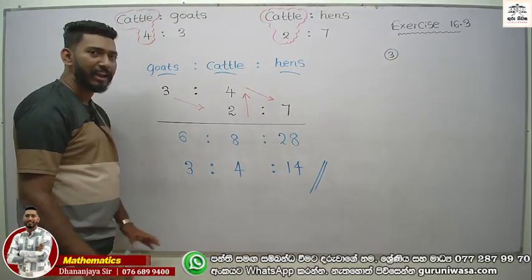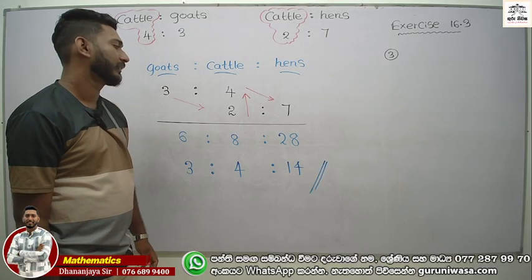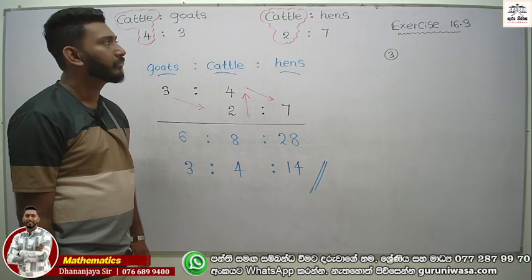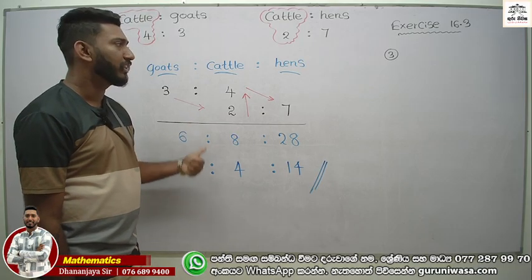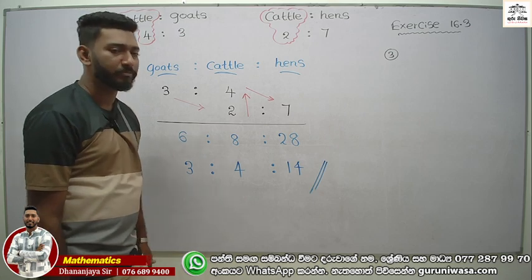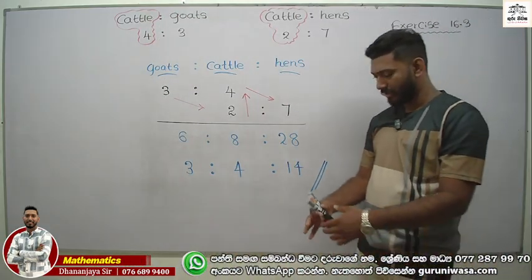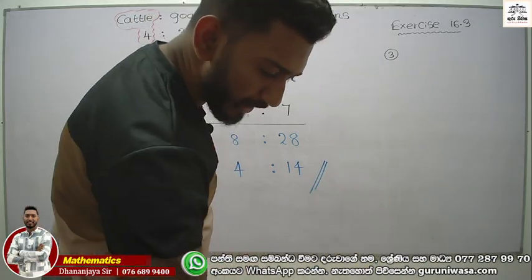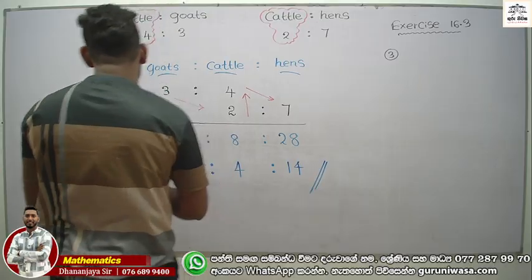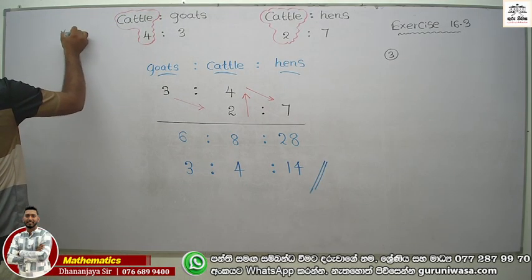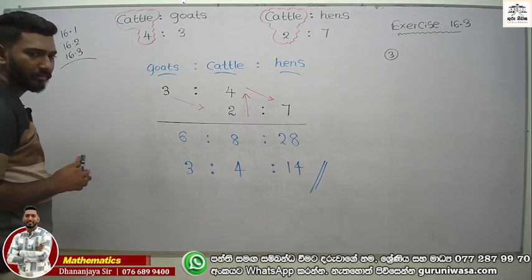The 105 is the total animals. As homework, do this and keep it ready, I will discuss it at the start of next week's class. So everyone must do it. Now, write the homework. Let's write the homework set: 16.1, 16.2 and 16.3.